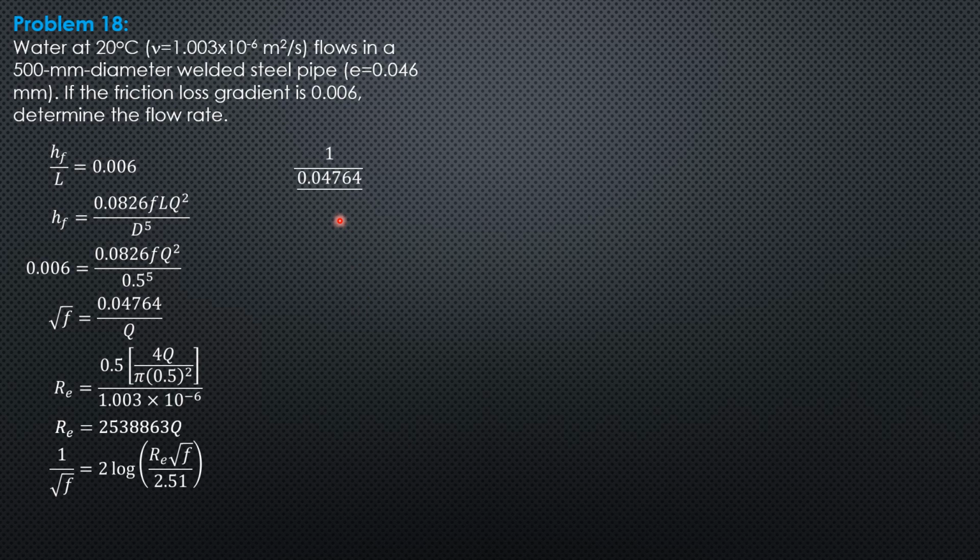So 1 over 0.04764 over Q equals 2 log of 2,538,863 Q times square root of f, which is 0.04764 over Q, over 2.51.